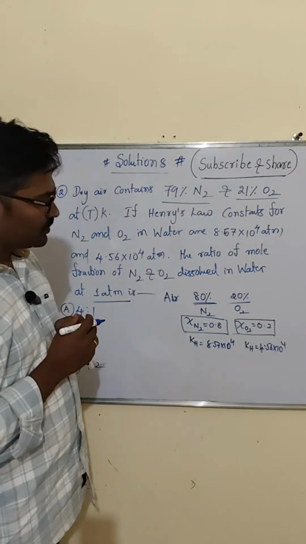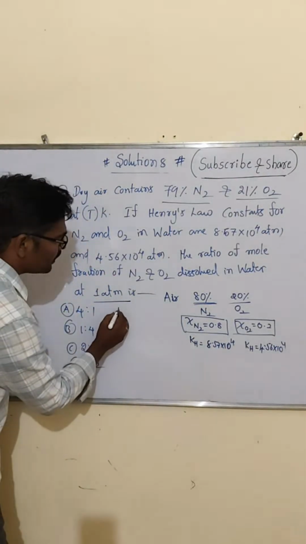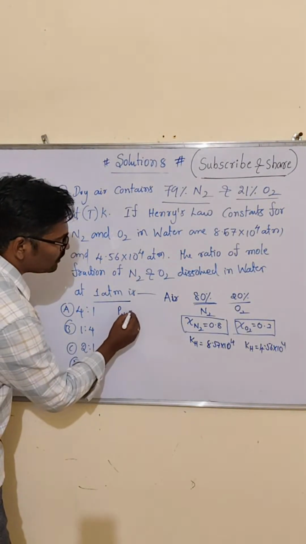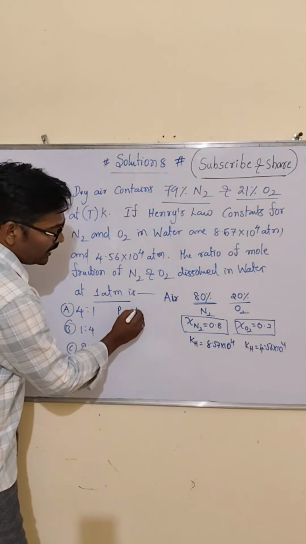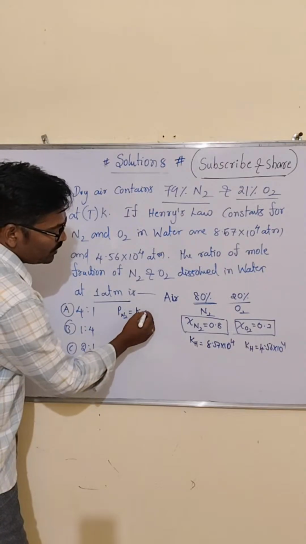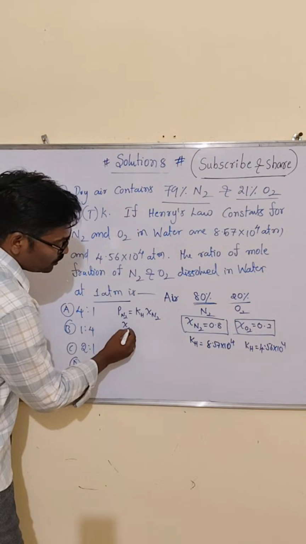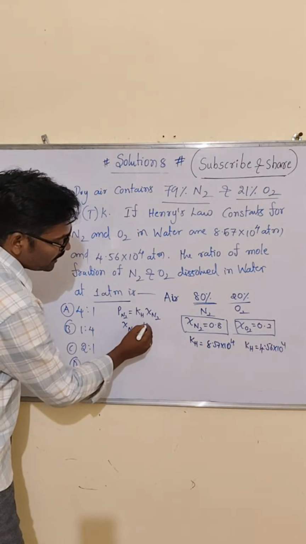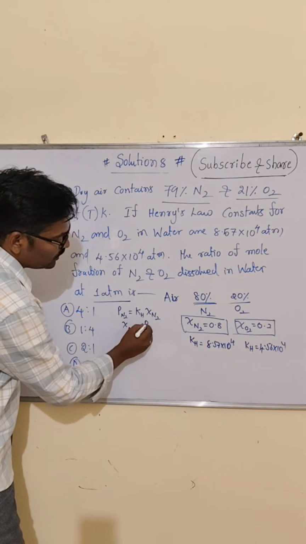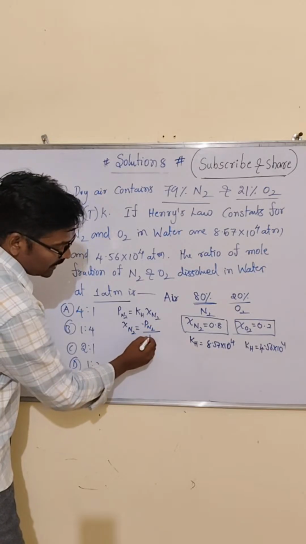By Henry's law, the partial pressure of N2 gas equals KH into the mole fraction of N2 gas. So the mole fraction of N2 gas equals the partial pressure of N2 divided by KH, right?